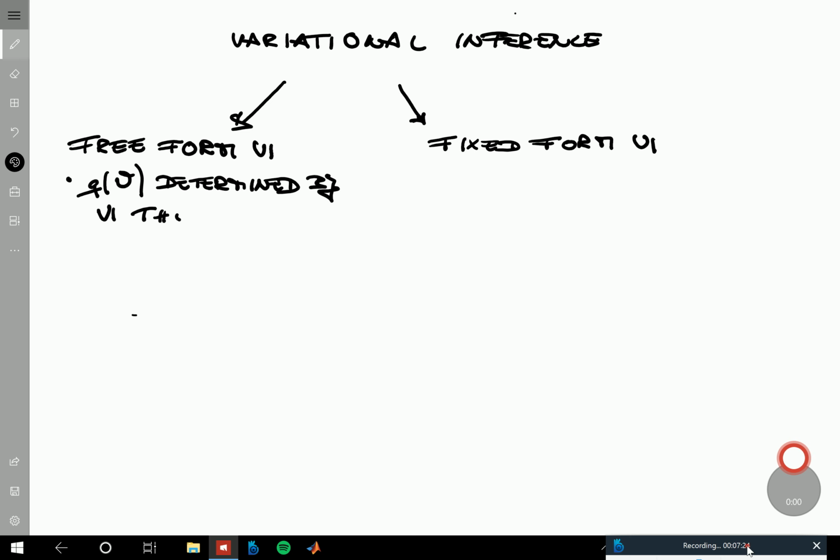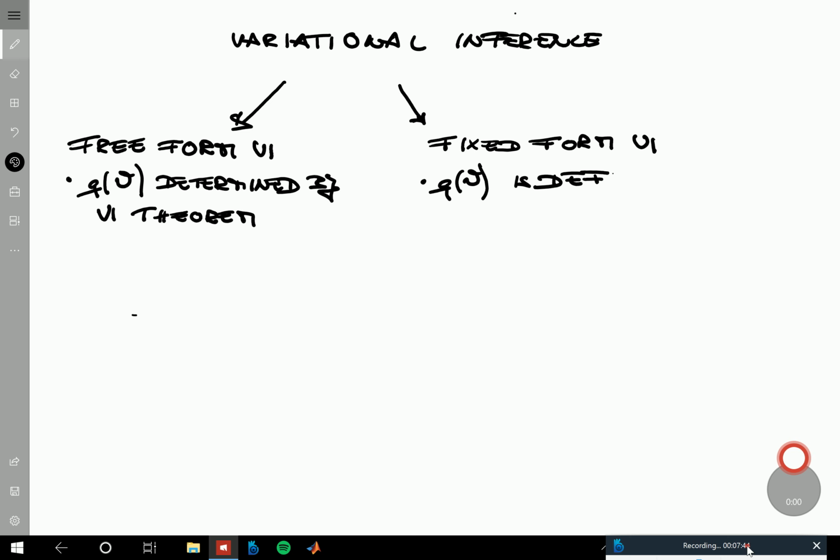What this is, we will discuss in a second. Whereas in fixed form variational inference, the variational distribution form is defined.